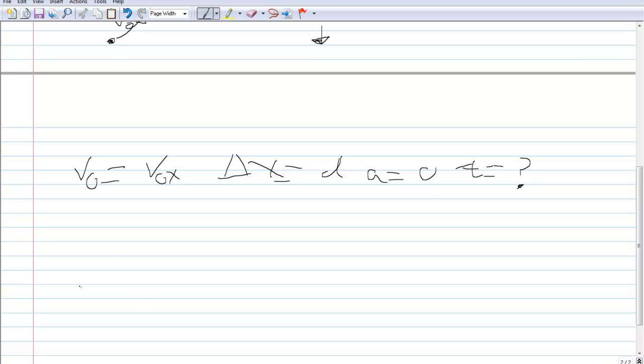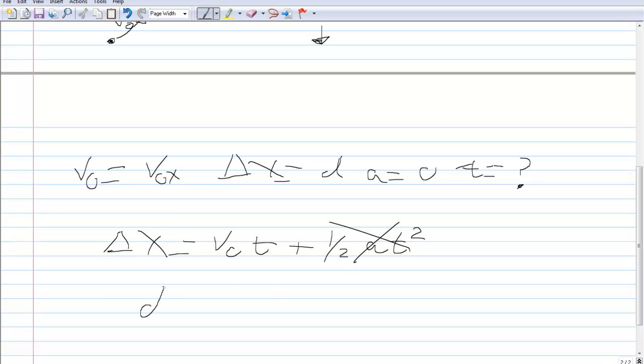So for this, we're going to use the equation delta x equals the initial velocity times time plus 1/2 the acceleration times time squared. So in this case, we know that the acceleration is 0, so we can just take this term straight out.